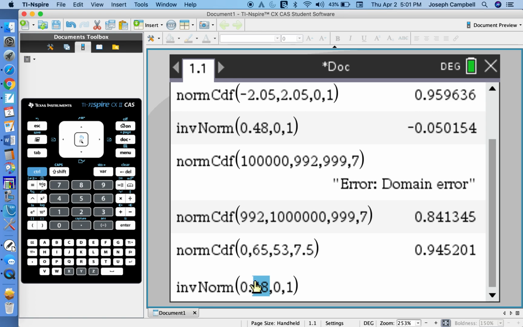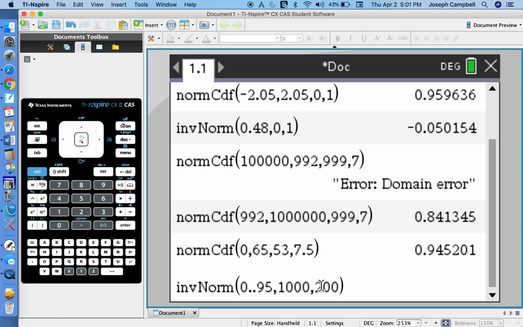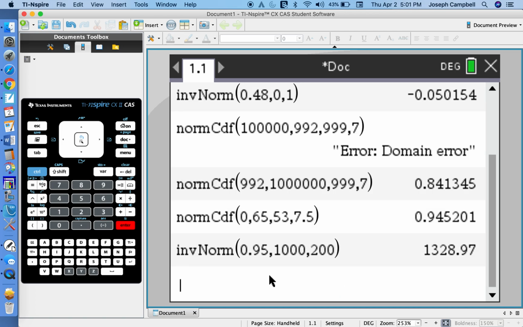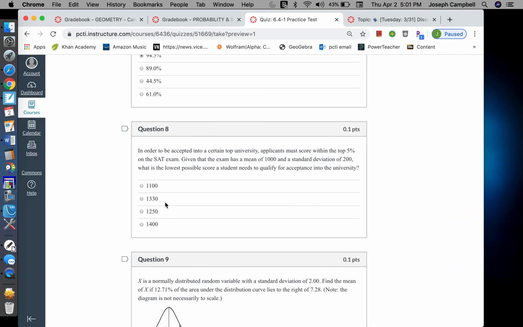It means to the left is 0.95, right? Mean is 1,000, standard deviation was 200, was it? Yeah. Oops, 2 decimal places. So 1328 or 1329. Oh, I guess that's the closest one.